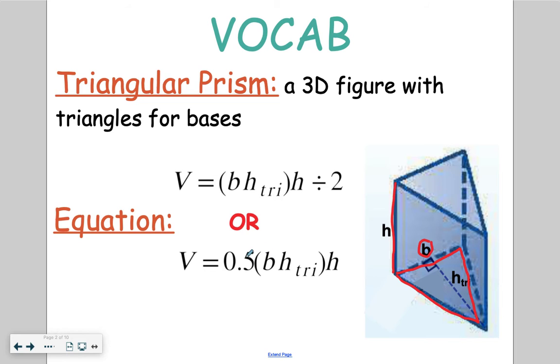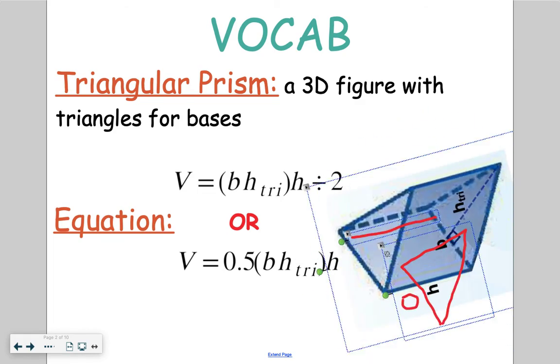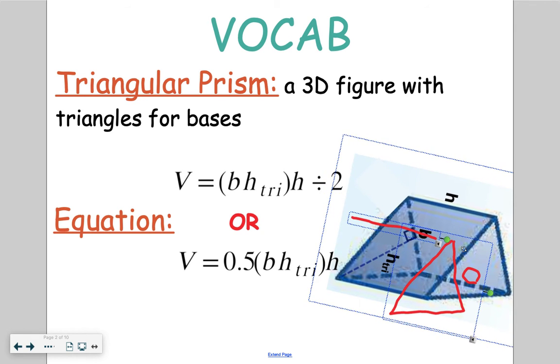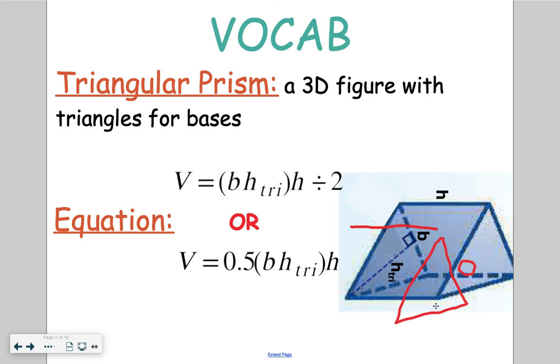If you want to do the multiplying, you're going to start by multiplying by 0.5. Again, base and height of the triangle, and then the height, the distance between the shape. Now again, I'm saying height for this distance between the shape, but remember, if our figure turned, if I'm going to actually turn it this way, the base and height of our triangle now becomes this part over here, and the thing that used to be the height is now a width.